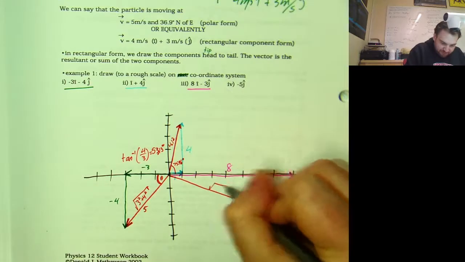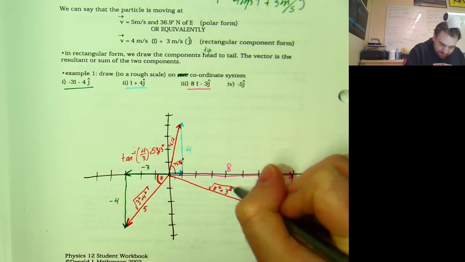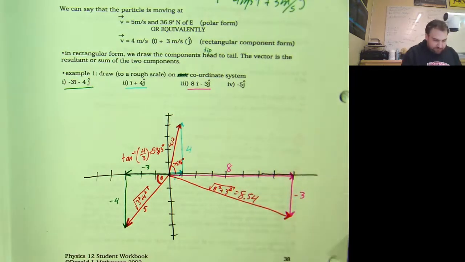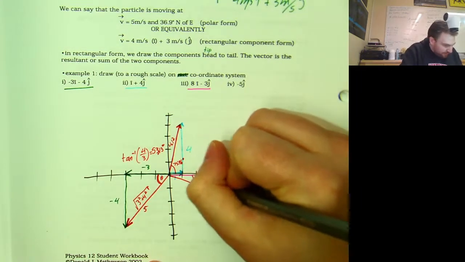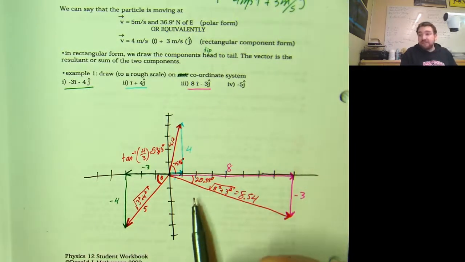So this guy here is going to be the square root of 8 squared plus 3 squared, which is 8.54. And this angle right here, I've done the calculation for us, is 20.55 degrees, and that's going to be south of east.